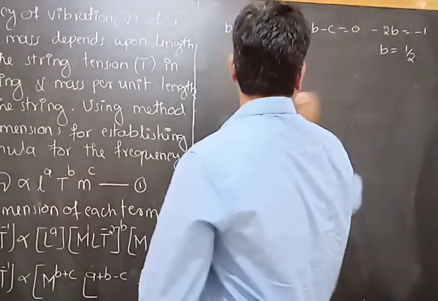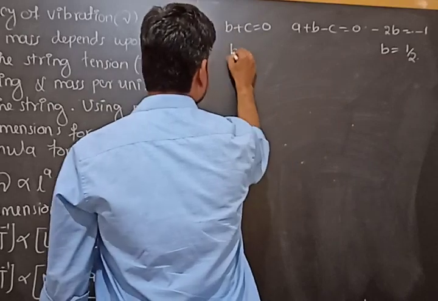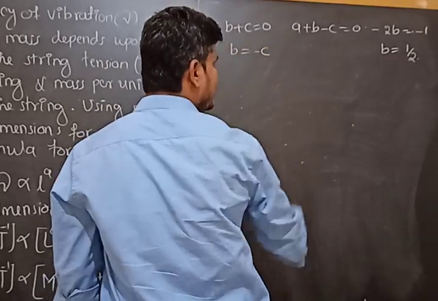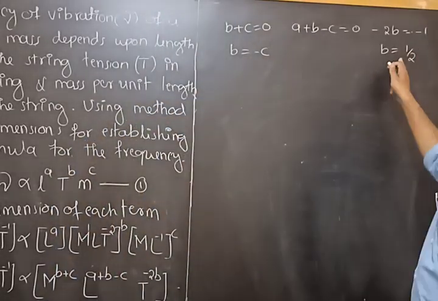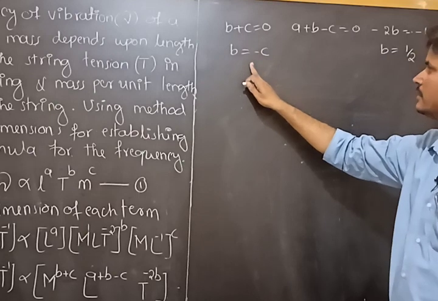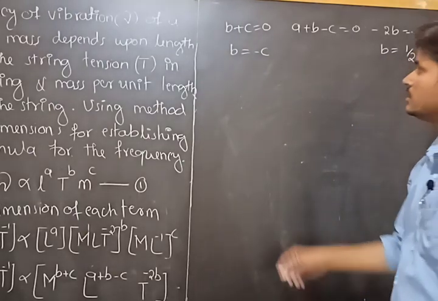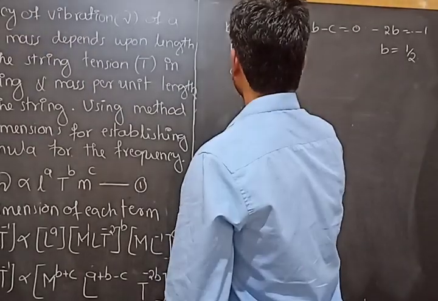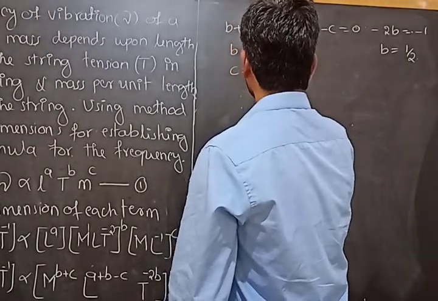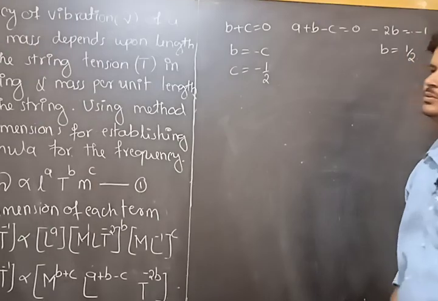Now see here, B equal to minus C. What is the value of B? B is 1 by 2. Therefore, C equal to minus 1 by 2.